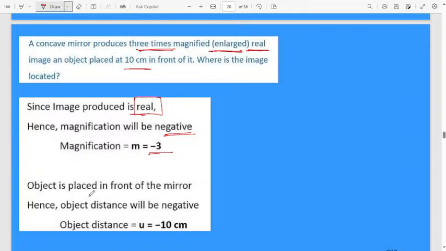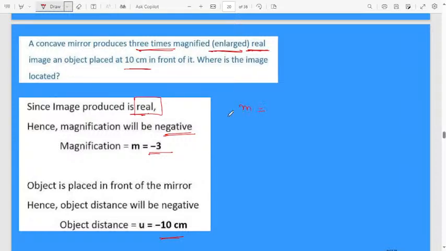Then the object is placed in front of the mirror. Object distance will be negative. Always in the case of a mirror, if you place the object or image in front of the mirror, it will always be negative. Then what you have to calculate is the image, where exactly you are getting the image.